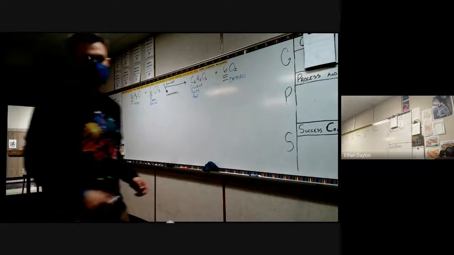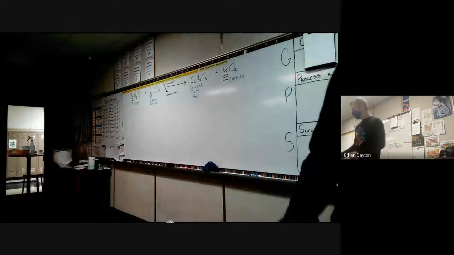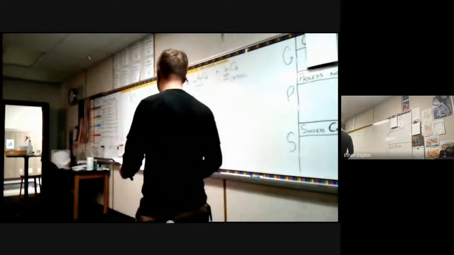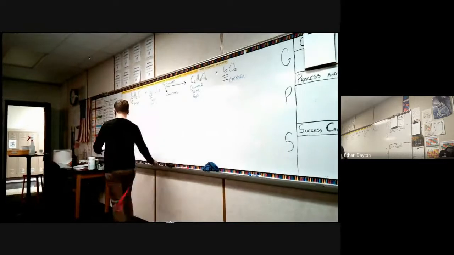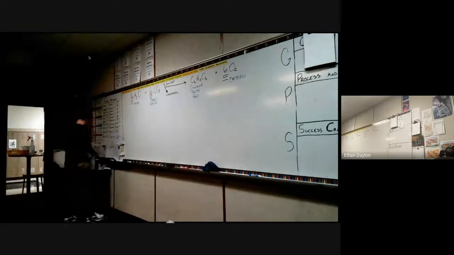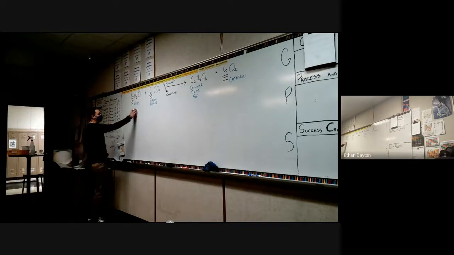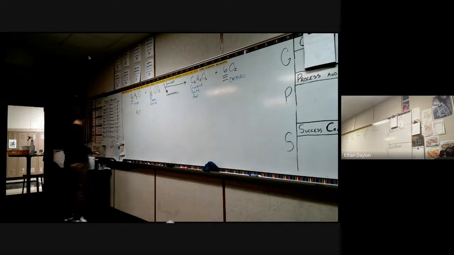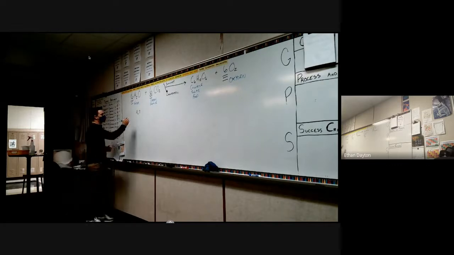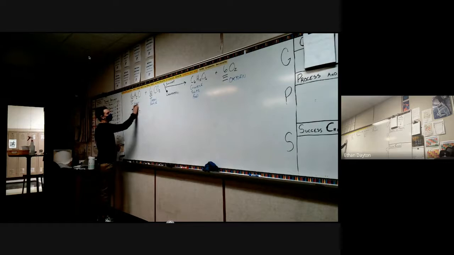So we're going to break this down a little bit. We're going to start with the light reactions. You're going to have to draw this diagram with me while I draw it. First, we have our H2O in a box.